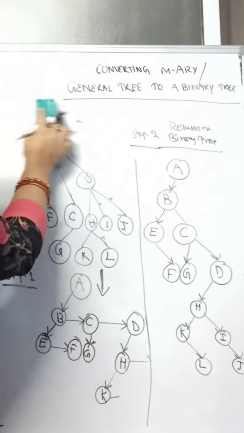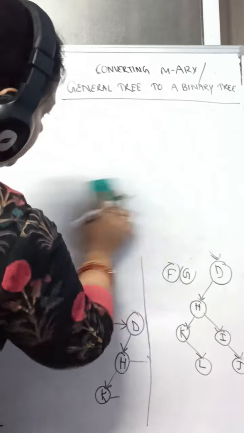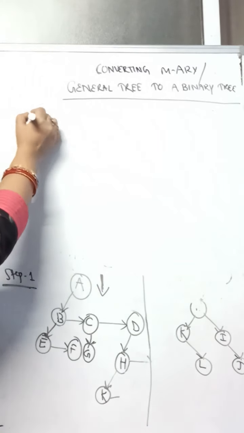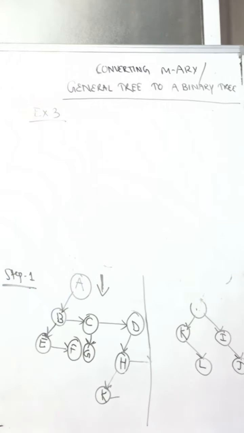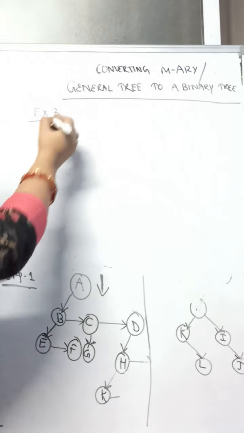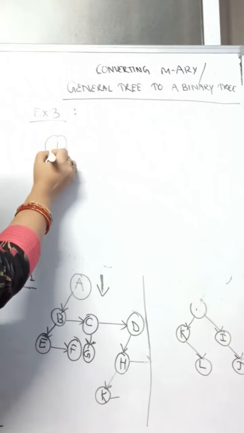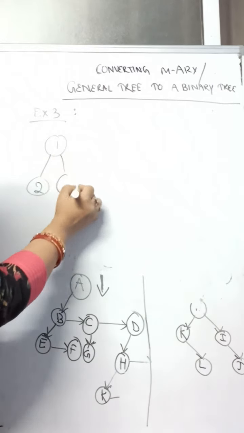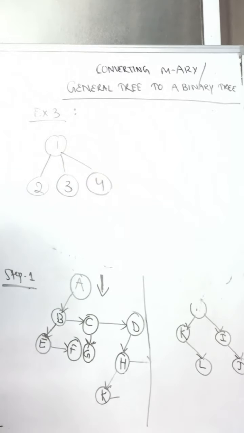Now take another example. Take this general tree. 1, then suppose 2, 3, and suppose 4.